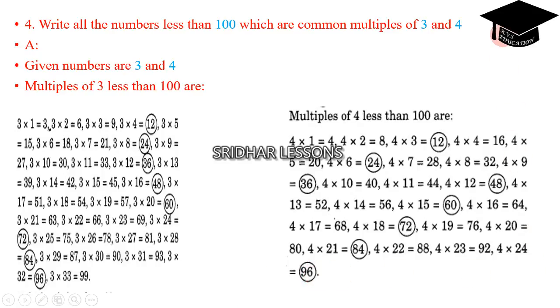These are the numbers which were circled in these two. They are the common multiples of 3 and 4 less than 100. Okay? Observe carefully.